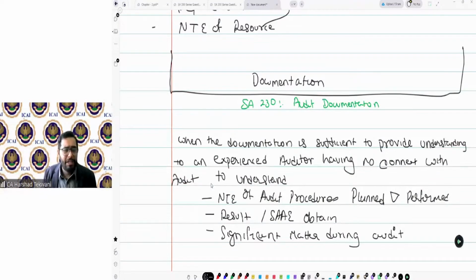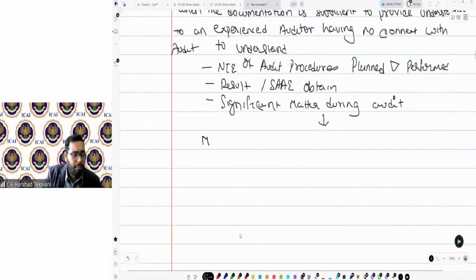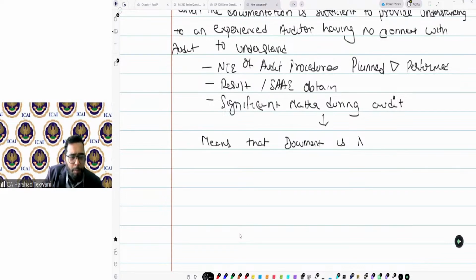So when the documentation is sufficient to provide understanding of the nature, timing, and extent of audit procedures, results, and significant matters to an auditor who has no connection with the audit, it means that documentation is appropriate and sufficient.